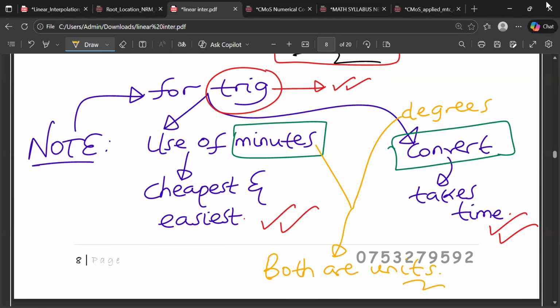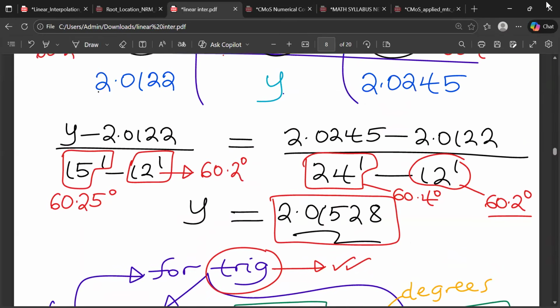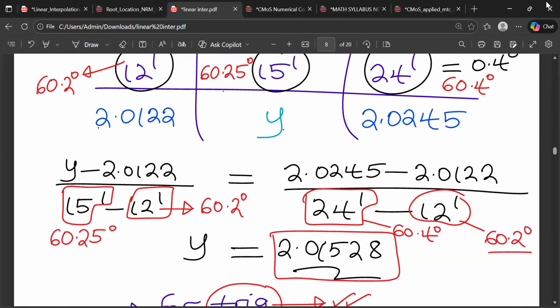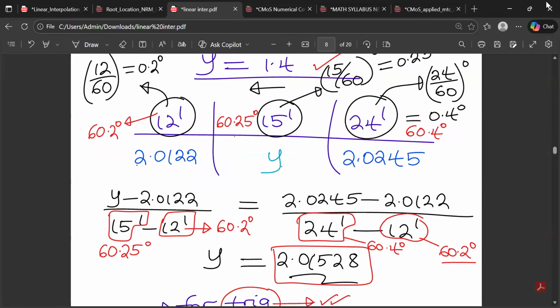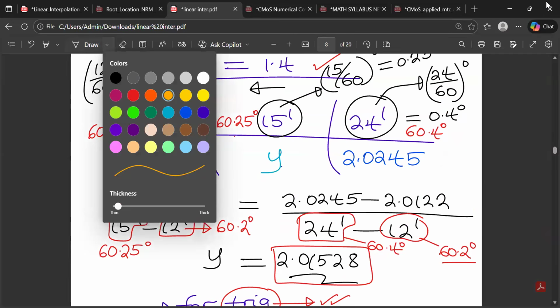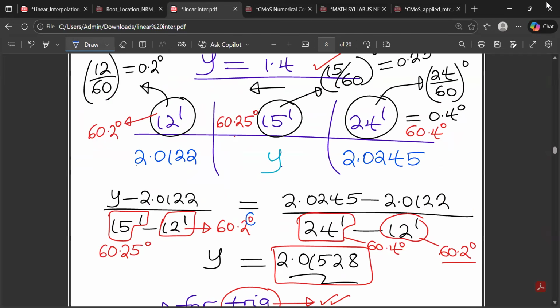With mathematics, I don't want you to cram things like the teacher told us this, the teacher told us this. In most cases, you're supposed to do what I've done. We have dealt with minutes and we have seen the answer. The same way I've been using degrees, we have not bothered about the degree and we have not pressed it in the calculator, we have been just putting 60.2, 60.4.